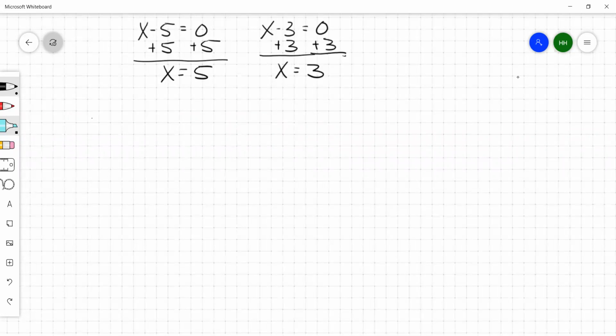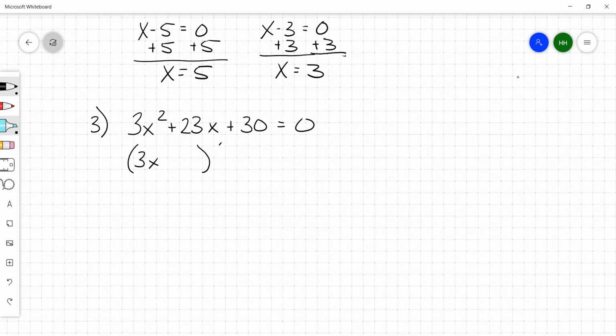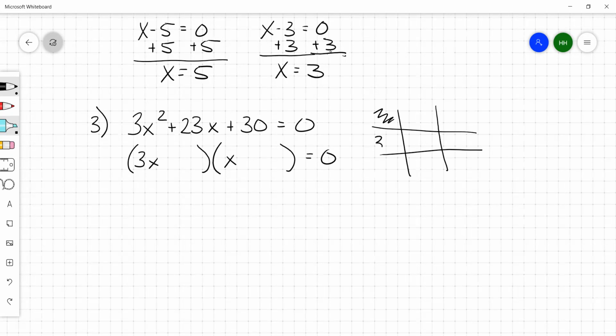Number 3. 3x squared plus 23x plus 30 equals 0. This is going to have to be factored. So the factors of 3x squared are 3x and x.